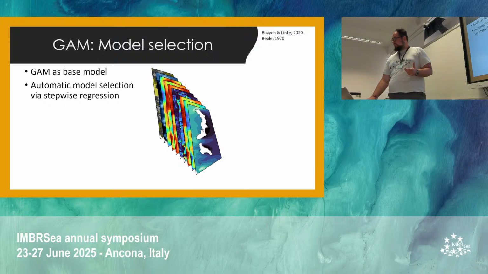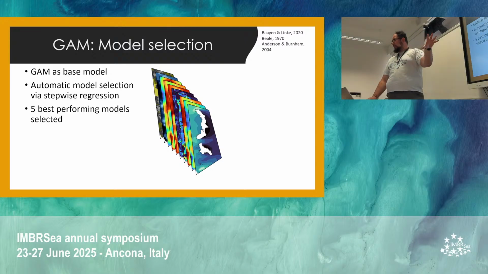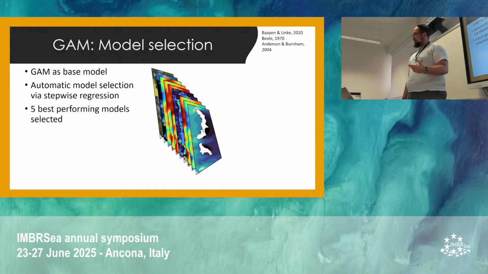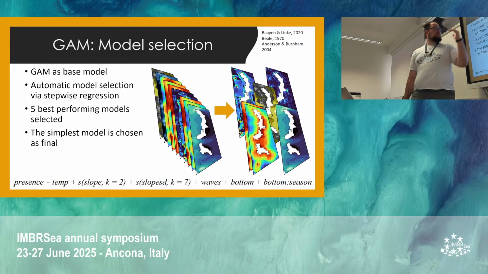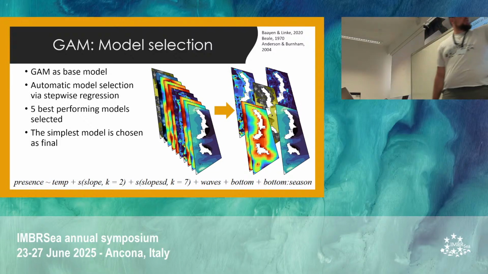At the end of this model selection process, I selected the 5 best performing models, which performed essentially equally well, and based on the principle of parsimony, I chose the simplest of these to be my final model. This finished GAM included 5 variables, which were slope, standard deviation of slope, substrate type, bottom temperature, and wave exposure.